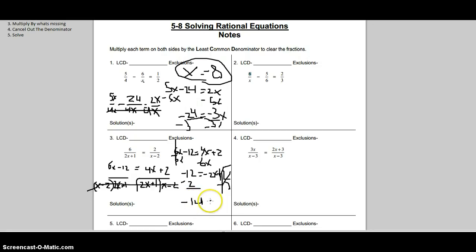So negative 14 equals negative 2x. Obviously you divide that by negative 2. Negative 14 divided by negative 2 would give you positive 7, so x equals 7.